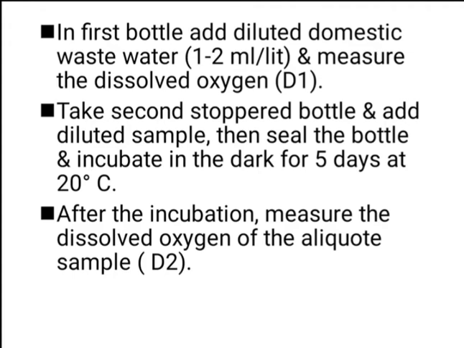How much you have to take? 1 to 2 ml per liter and measure the dissolved oxygen D1. So the initial solution is taken and its dissolved oxygen is measured and labeled as D1.